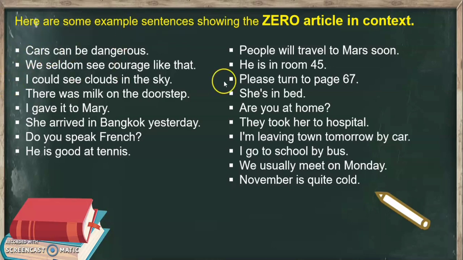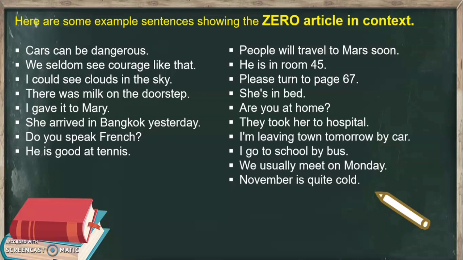So that's about it for zero article. I just wanted to make this quick video because we started with the articles before I go to demonstrative and possessive determiners. I mentioned zero article in the first episode of the determiner series, and I know some of you are asking, what is that zero article?